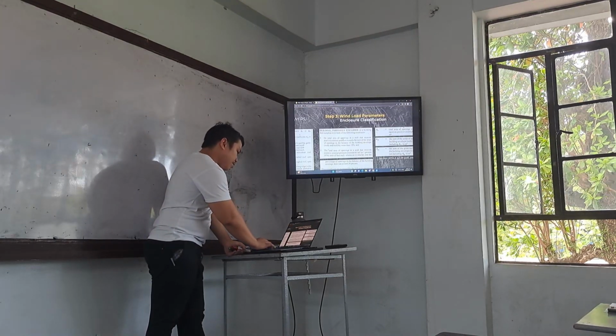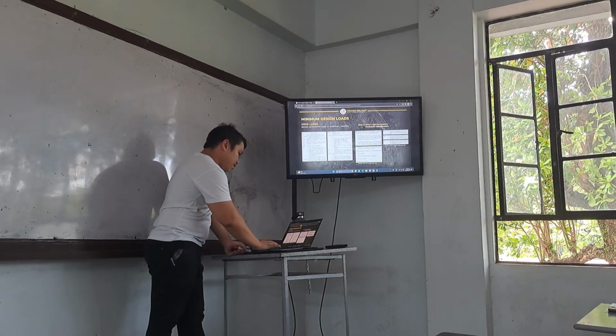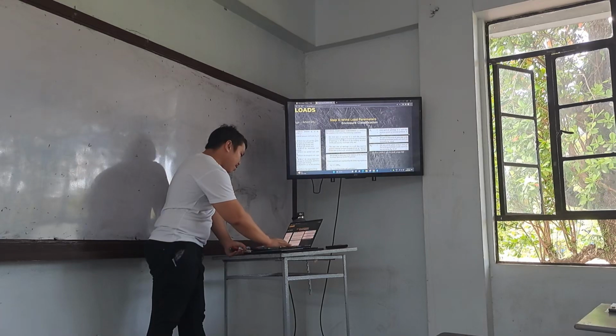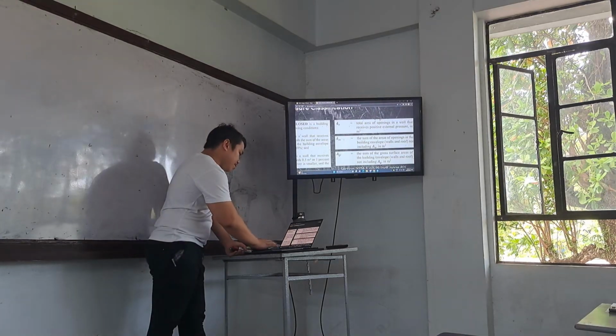Next page. A_O is the total area of openings in a wall that receives positive external pressure.